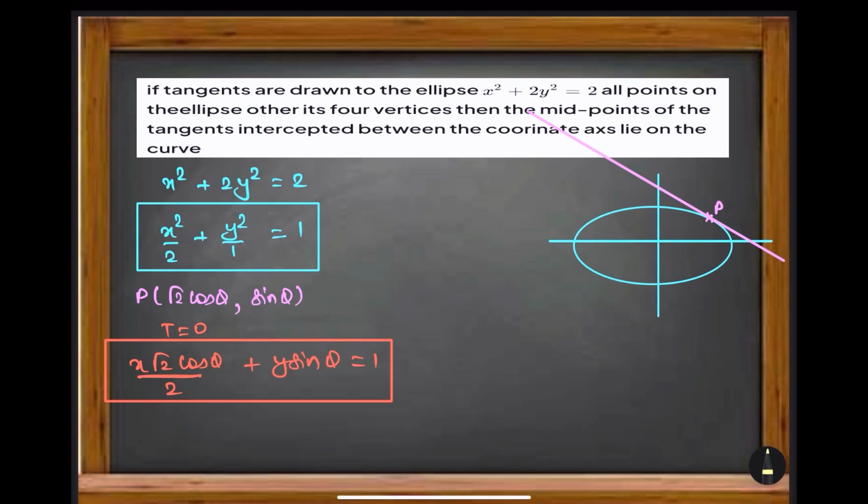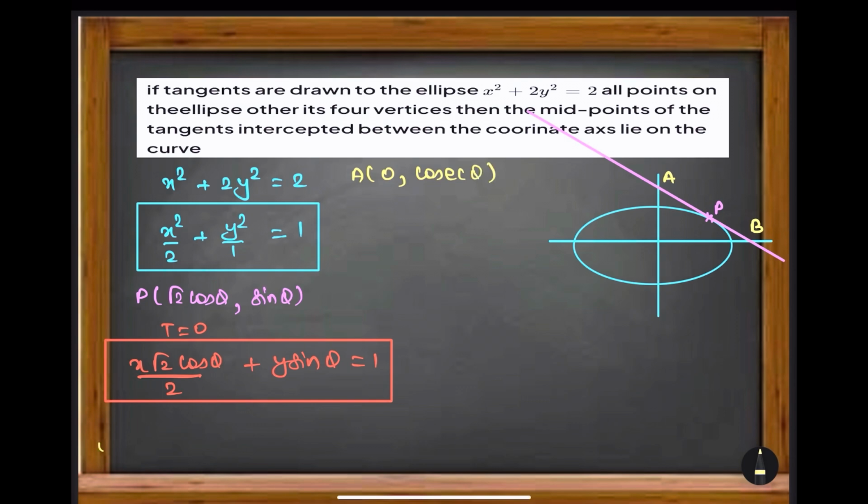Now look at this. Suppose that this intercepted portion is AB. So I am interested in finding point A. Okay, so you know that point A is on the y-axis, so the x coordinate will be 0. Correct? So can I say that x is 0 and y will be cosec theta?